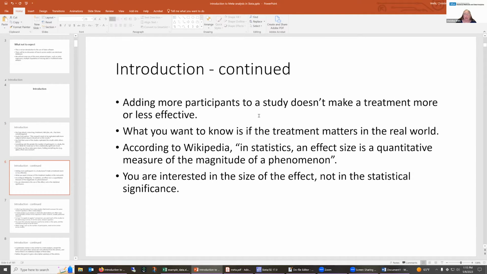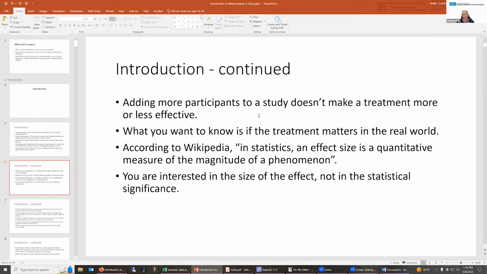So as we said, adding more participants to a study should not make the treatment more or less effective. You know, those two things should not be related. But what you really want to know is, does this treatment, diet plan, whatever, work in the real world?